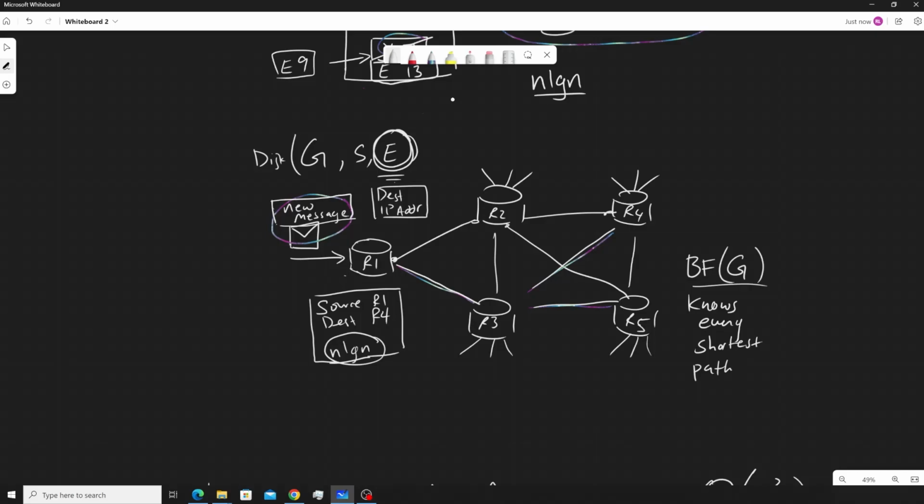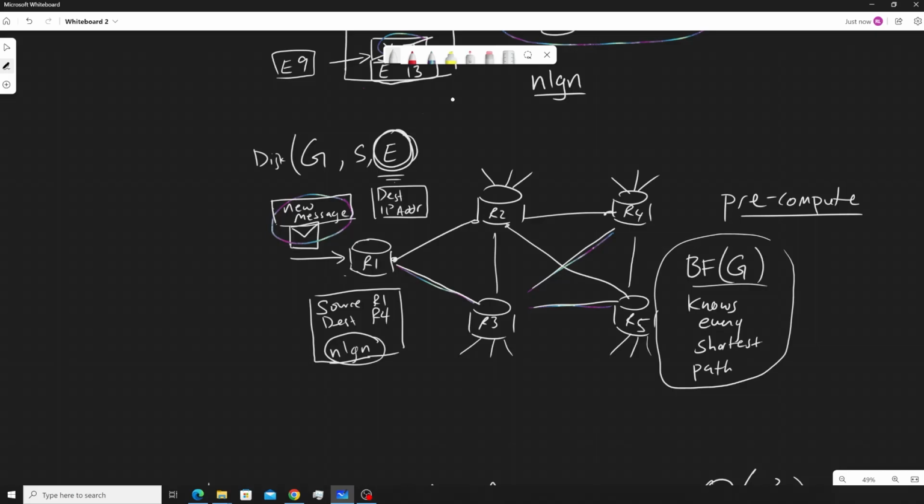It's just a lookup inside of a table because I've already done all the heavy lifting. We can pre-compute these values. And then when a message arrives, it's just a lookup. Oh, you're trying to get to R4? No problem, look it up.